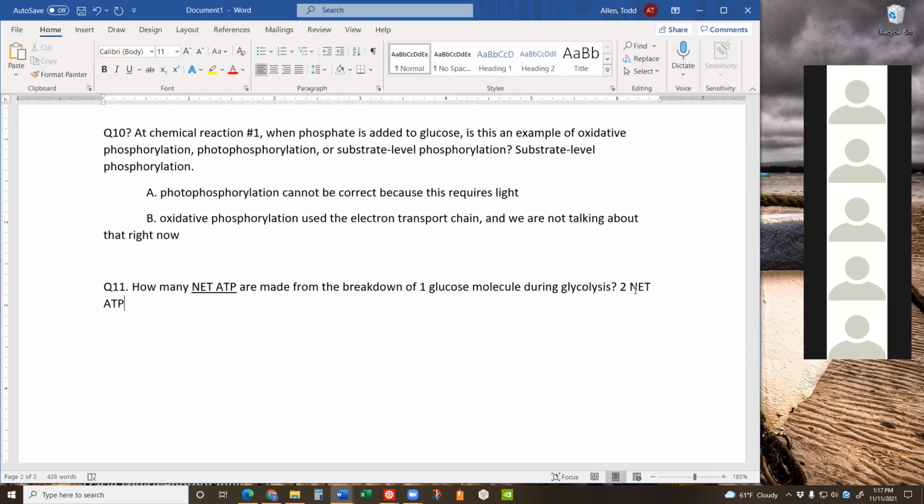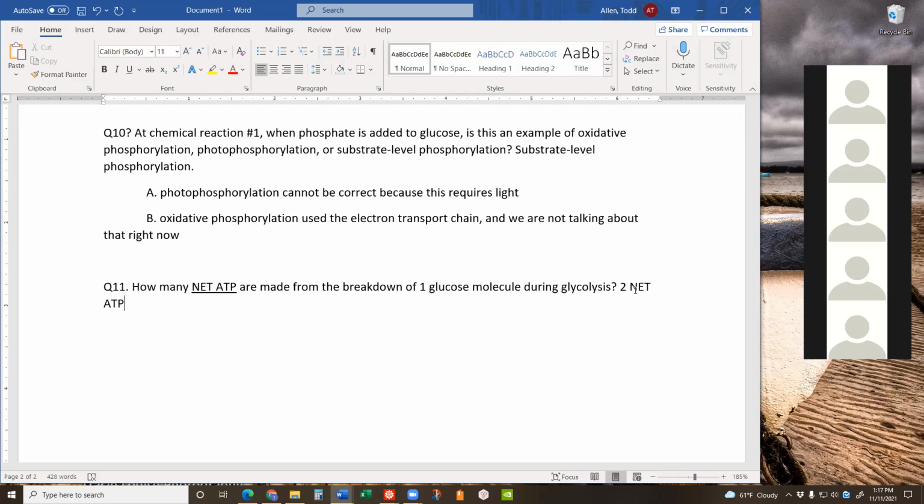Chemical reaction number 1, we actually break down an ATP molecule. We don't make an ATP, we break it down. Chemical reaction 3, we break down another ATP. So far in the glycolytic pathway, we have consumed 2 molecules of ATP and we've made none.